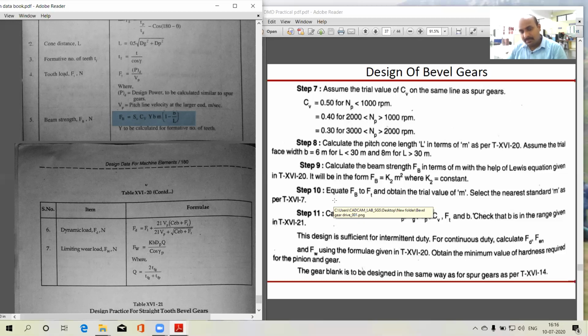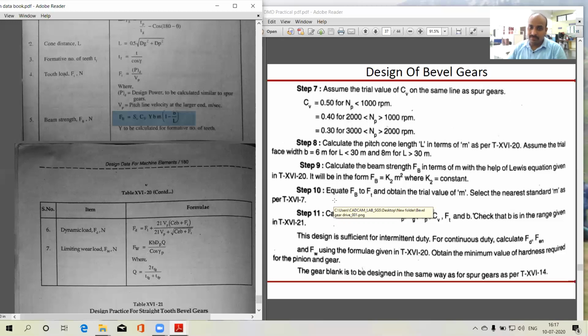Means for maximum condition, we can equate the FT with FB. Means tooth load can be equal to FB, but FT cannot be greater than FB. So maximum condition FT equal to FB. By equating these two, we can have the value of module. Once we get the module, your 80% problem will be solved.